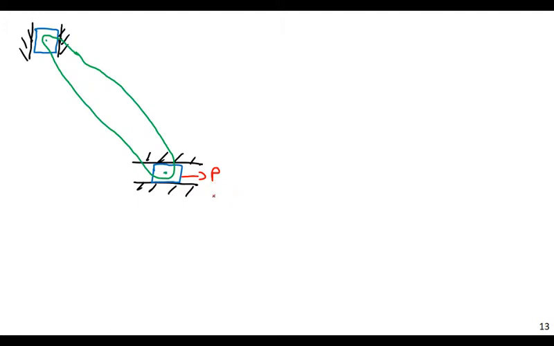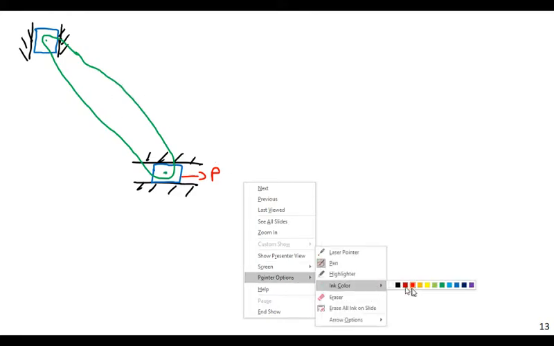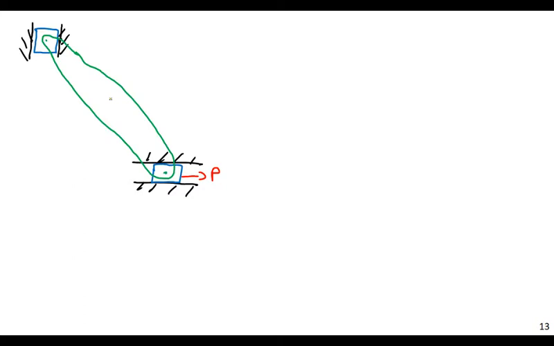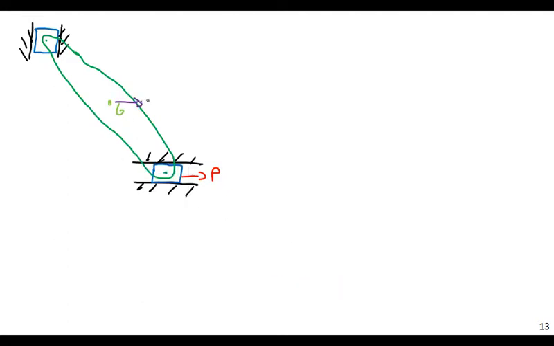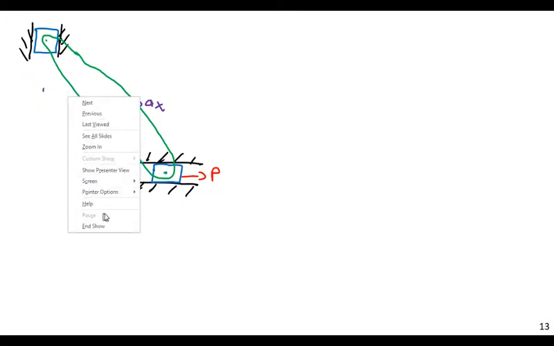I'll have a force P here, and if the center of gravity is at G here, I could have an acceleration in the x and in the y, ax here and ay here. However, I also have this angle. Let me put some dimensions on here.